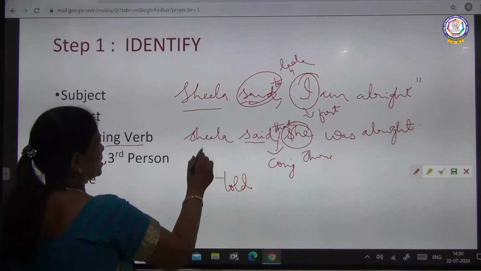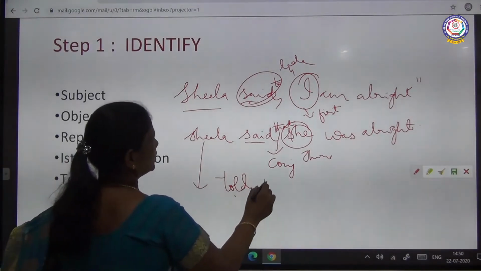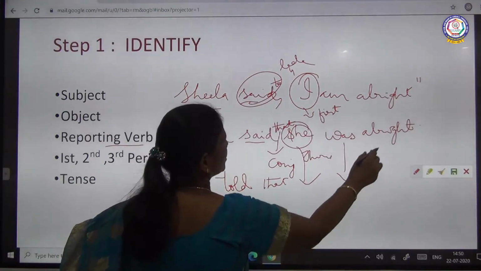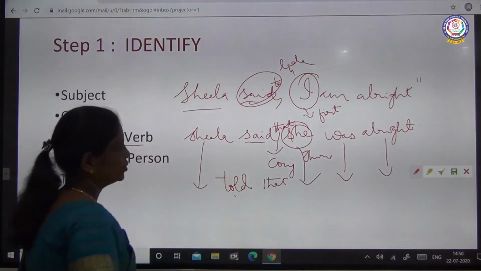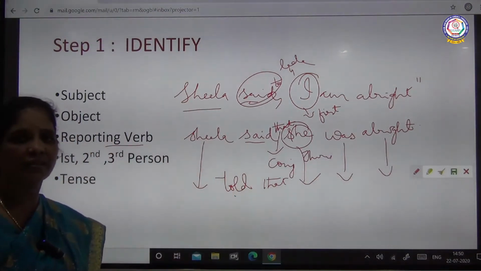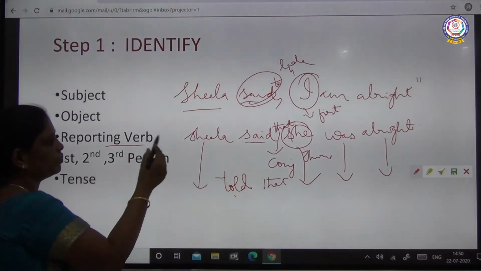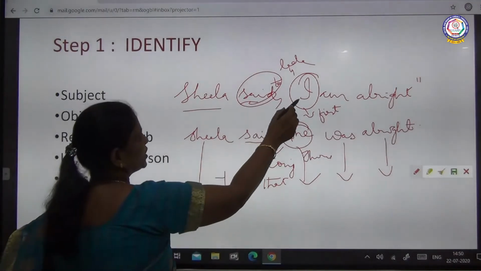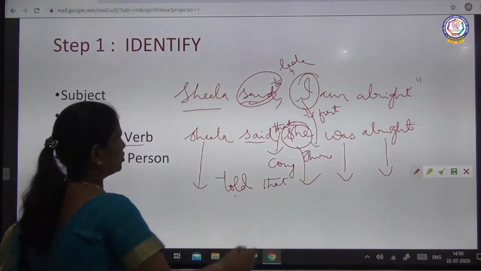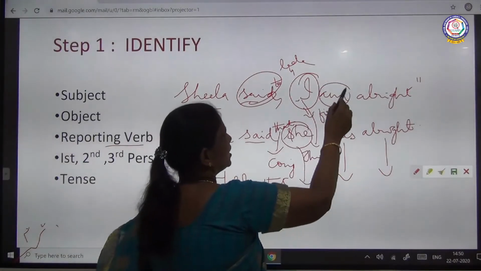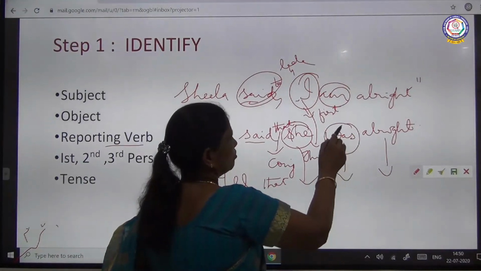So you will be writing Sheila told Leela that she was alright. Okay. It is very clear, children, it is understood to you. So first person, second person, third person, there will be a change. Here it is given first person, but when you are writing, it is changed into third person. Then there is a change. Here "am" is present tense, you are changing into past tense.